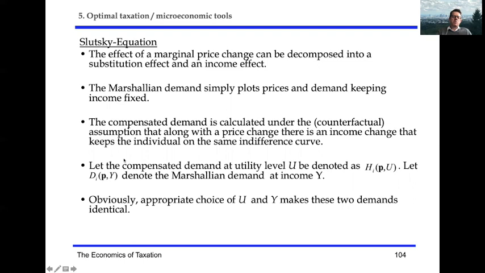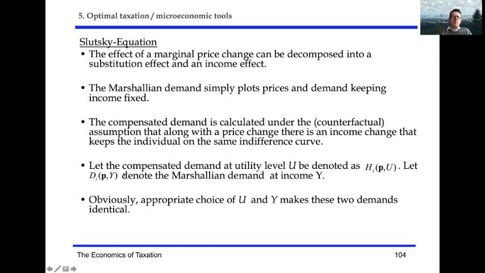So to derive the Slutsky equation, let's simply assume that we have a demand at utility U, and that is a compensated demand. So we denote it as h as a function of the price level and the utility level.